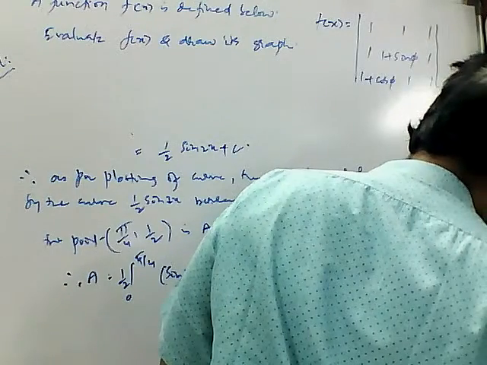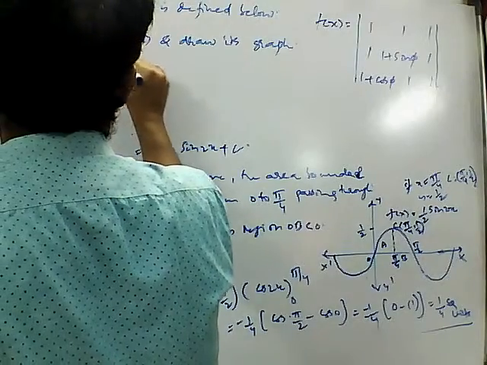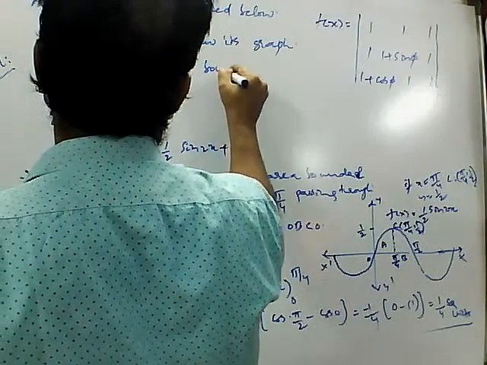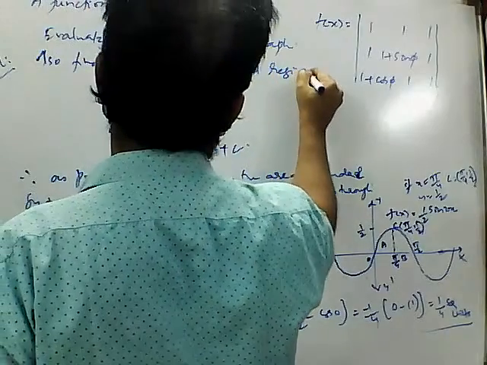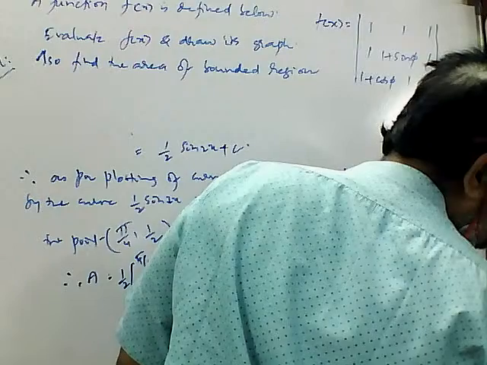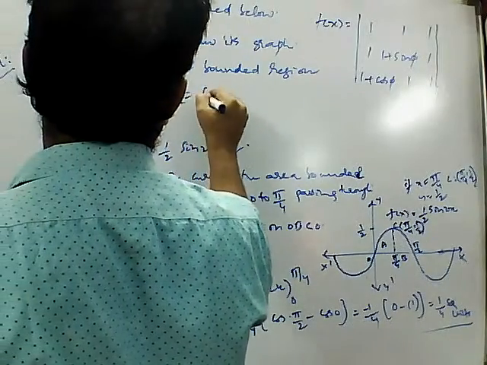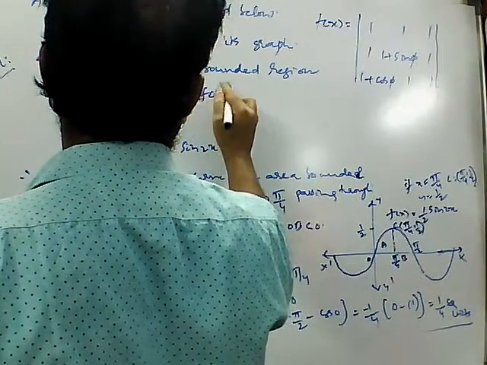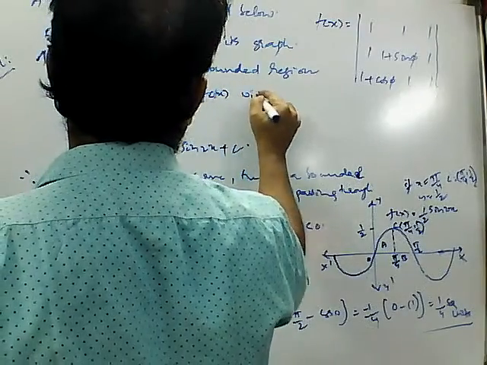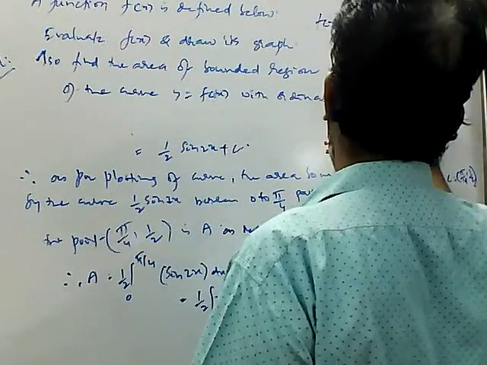Find the bounded area between the curve f of x and the ordinates x equal to 0. Also find the bounded region between the curve y is equal to f of x with ordinates x is equal to 0 and x is equal to pi.